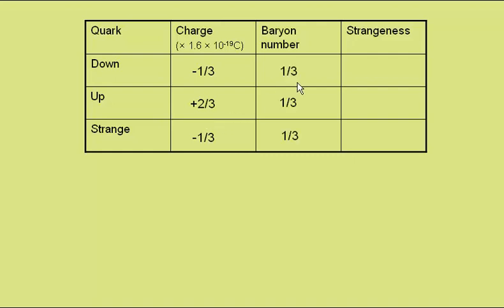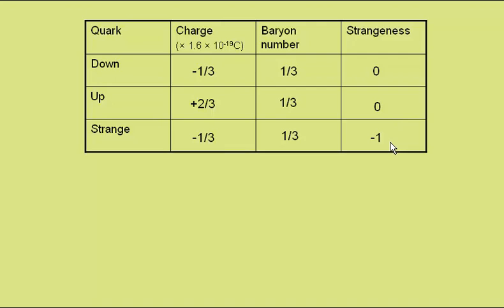Baryon number, well, they all have a baryon number of 1/3, meaning in a baryon consisting of 3 quarks, it will have a baryon number of 1. Finally, strangeness, well, the up and down quark have 0 strangeness, the strange quark a strangeness of minus 1.